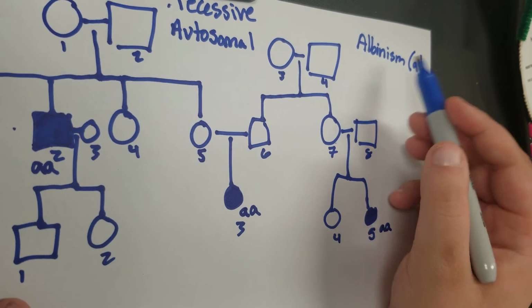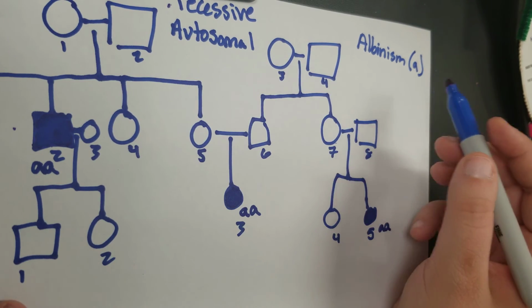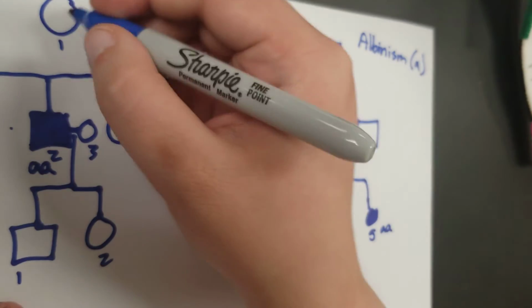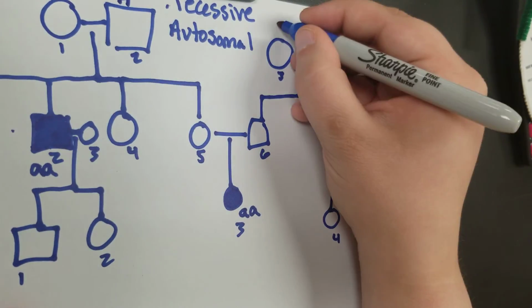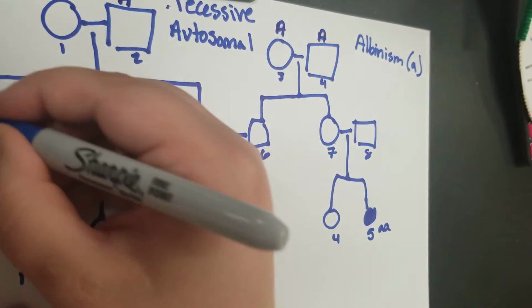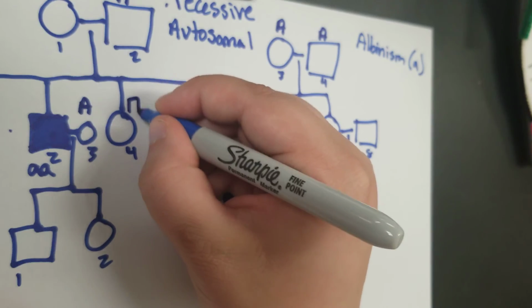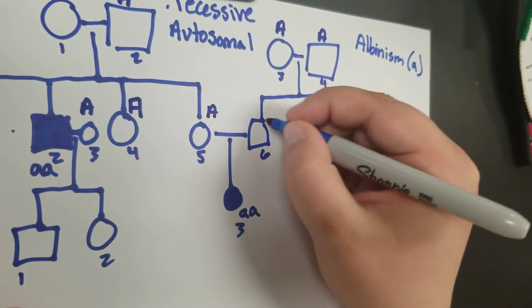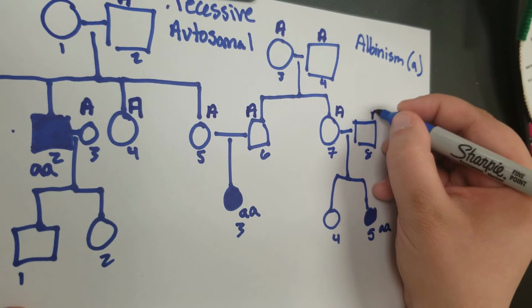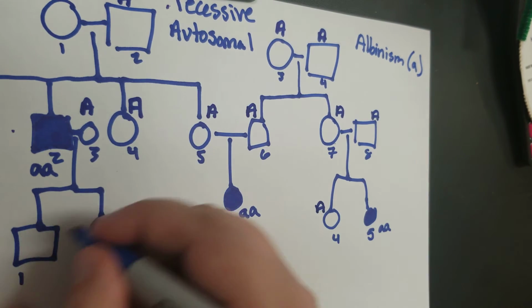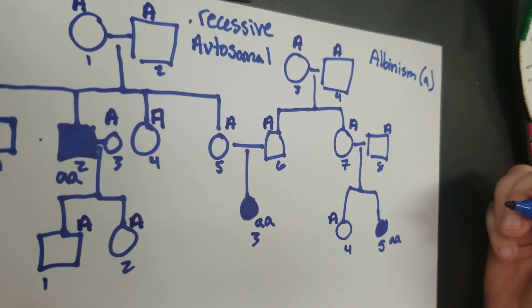Before we do that, in order to not be albino, each person who is not shaded in should have at least 1 capital A. Some of these guys we might not be able to figure out with 100% accuracy what their genotype is. Just remember, they have at least 1 capital A.